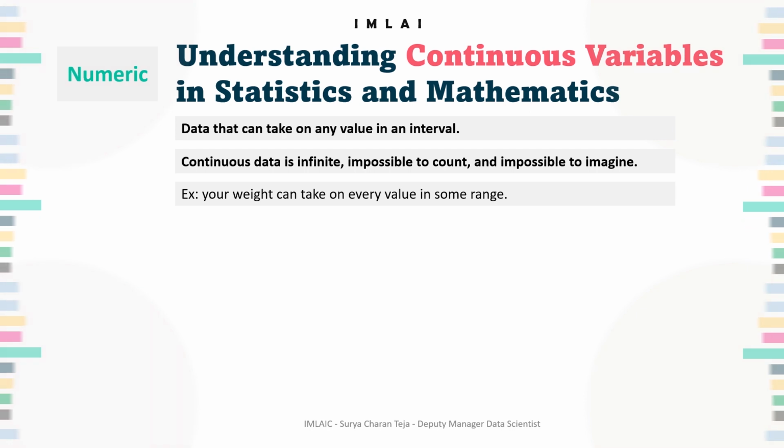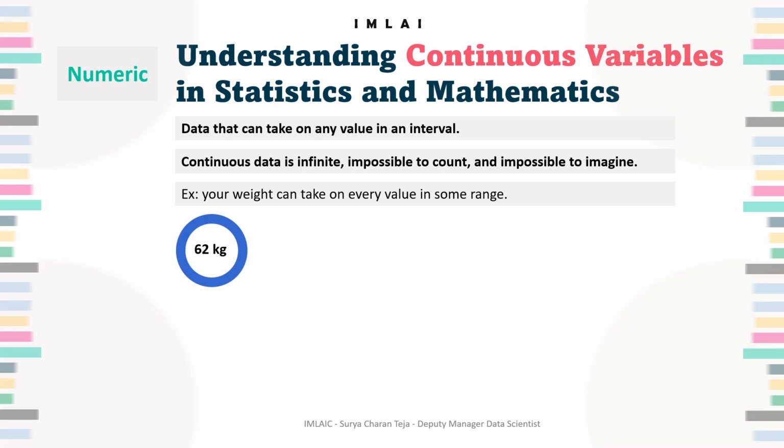Let's dig a bit deeper into this. Say you get on the scale, you get on the weighing machine, and the screen shows 62 kilograms. Just 62 kilograms. Okay? 62 kilograms. Now, you know that this is just an approximation.